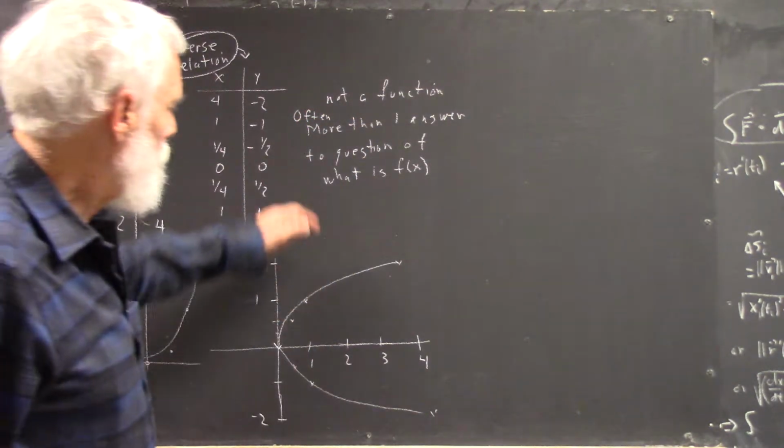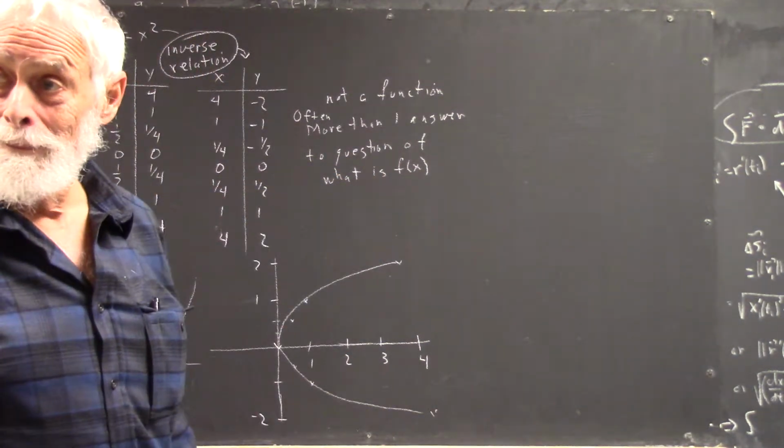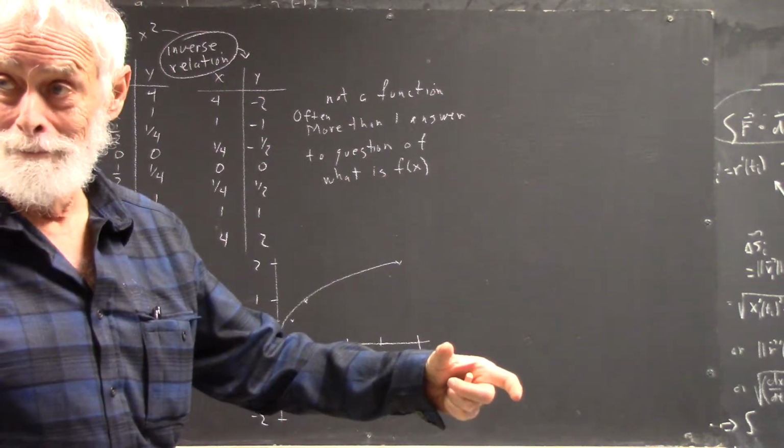There's often more than one answer to the question, what is f of x, if this function's called f. What is f of x? What does f give you if you put x into it? Okay?